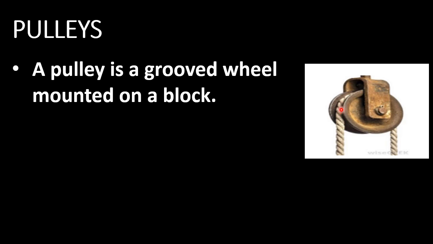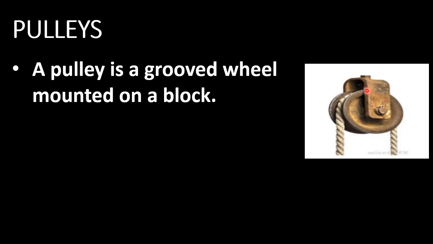So the wheel cannot stand on its own. It needs to be supported. So to get it supported, the wheel is mounted on a block. This part is called block.